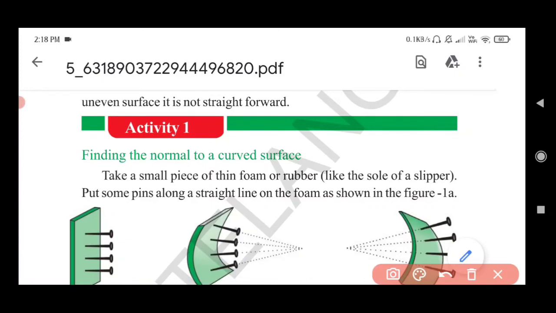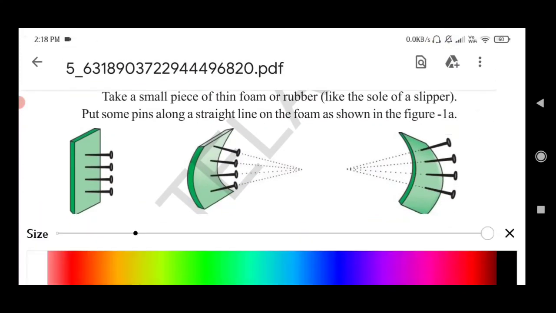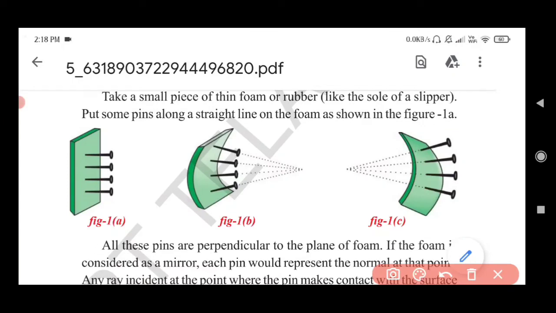So see, here in this figure you can see that I have taken a straight rubber and attached some pins here. These are the pins, and now I have just bent the rubber with my fingers. Okay, now it has taken a curved shape.